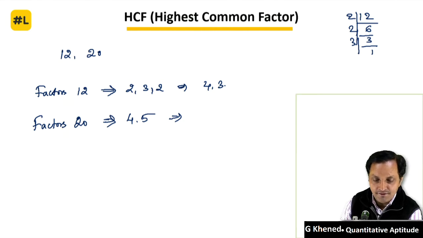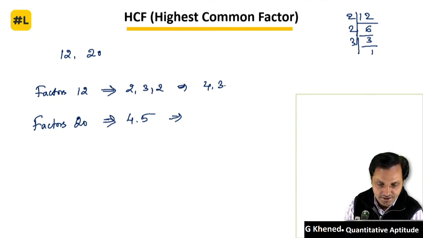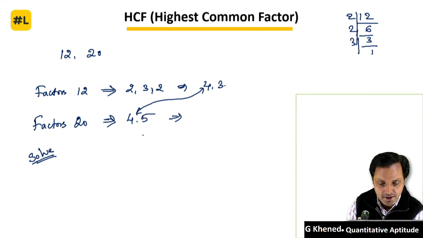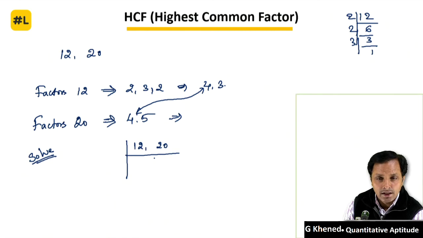So highest common factor is nothing but which is the highest and which is common. Can you observe? HCF is 4. 4 is the number which is the bigger one and also it is common in 12 and 20. Then how to solve? Very simple. If you want to solve the problems on HCF, just do the division method, write 12 and 20 and do the long division method. 12 and 20 will go in 4, 4 3s are 12 and 4 5s are 20.